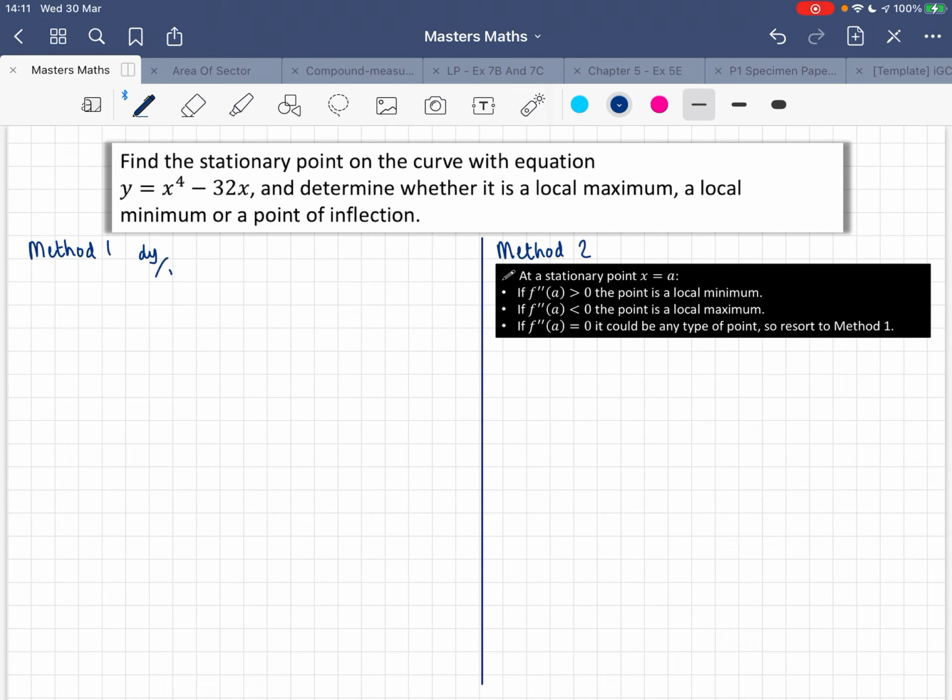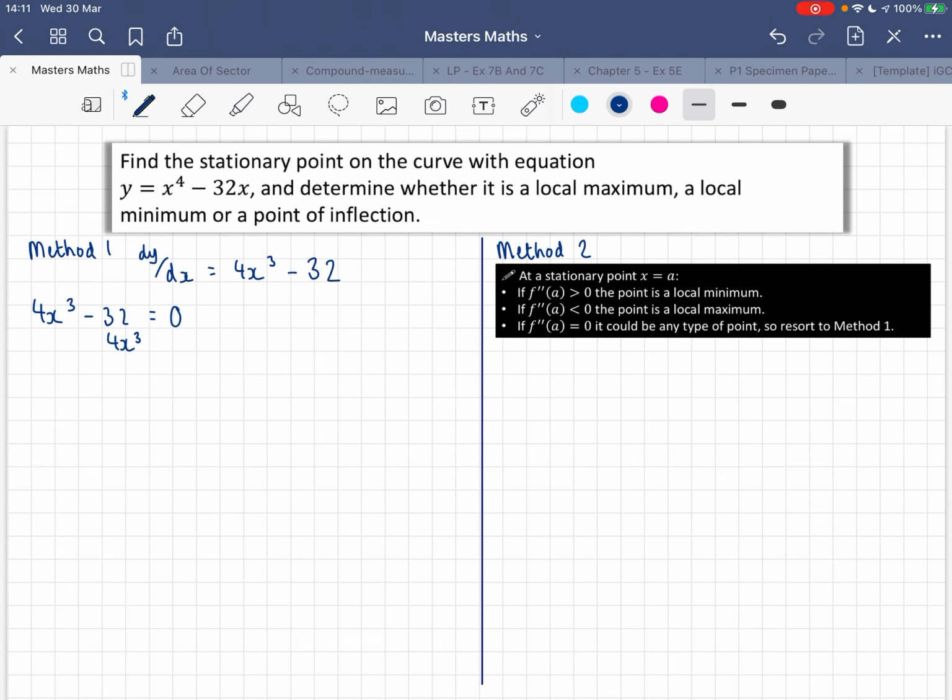So differentiate it. dy by dx would be 4x cubed minus 32. At the turning point, that is equal to 0. So we want to put 4x cubed minus 32 equals 0.